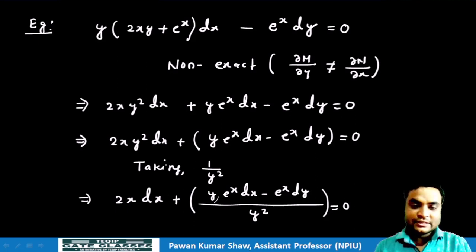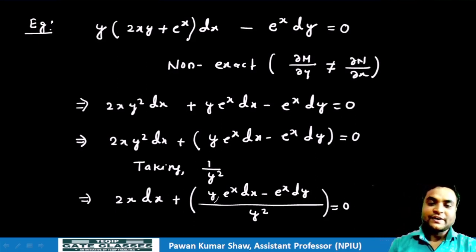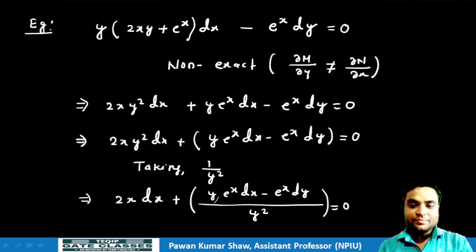And here you can think that 1 by y² is our integrating factor. So this is the way, with the help of the inspection method, we can do the group-wise exact differential terms and find the solution.